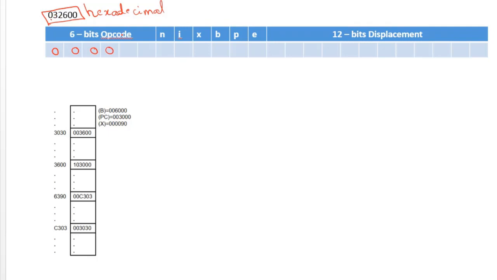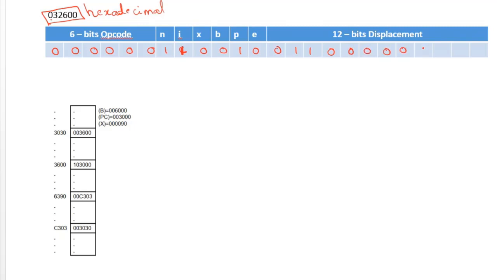Okay, next we have 3. What is 3 in binary? Sorry, it is 0, 0, 1, 1. Next we have 2. What is 2? 0, 0, 1, 0. Next is 6. 6 is 0, 1, 1, 0. Next again we have 0. 0 is 4 zeros.